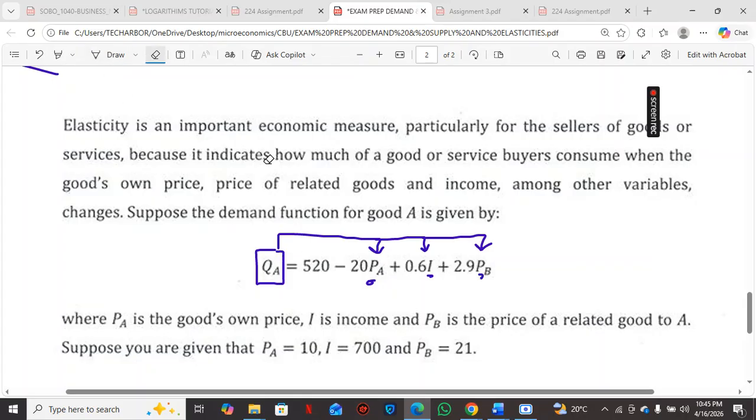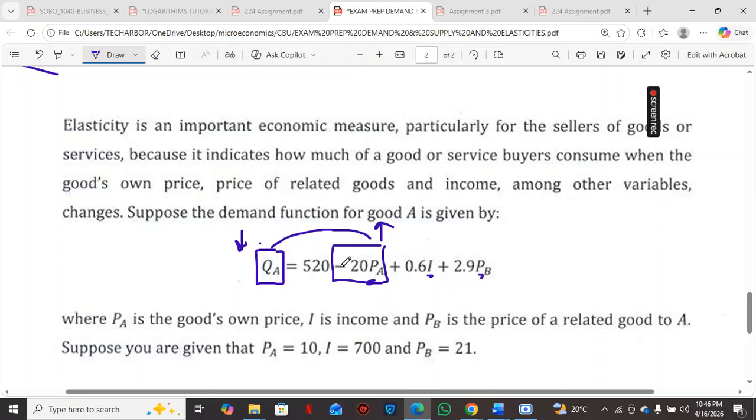If we look at the symbols here, they can tell us a lot. From the symbols, you can interpret this demand function. Looking at the relationship between the demand for good A and the price of good A, holding the other factors constant, there's a minus sign, which tells us that if the price of good A goes up, the quantity demanded of good A will go down.